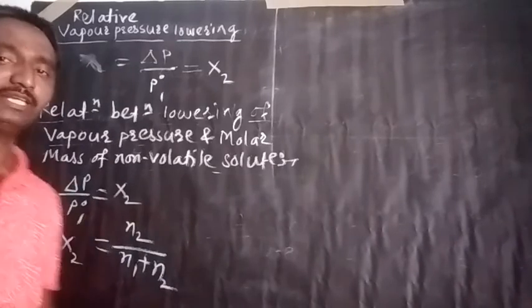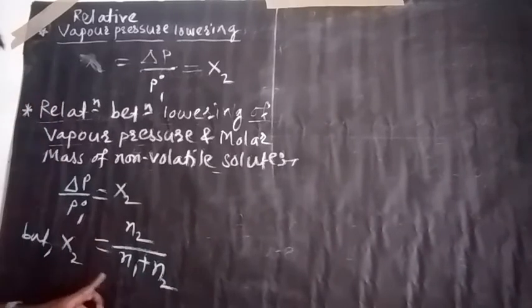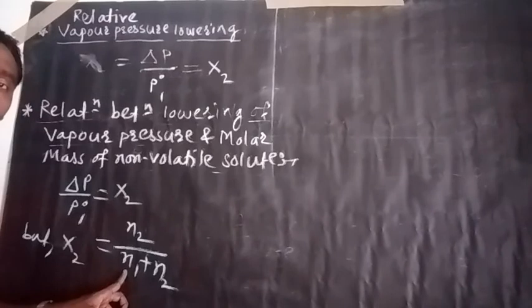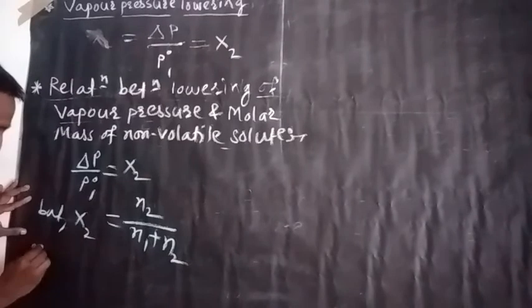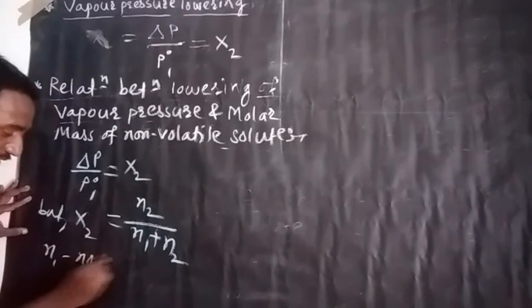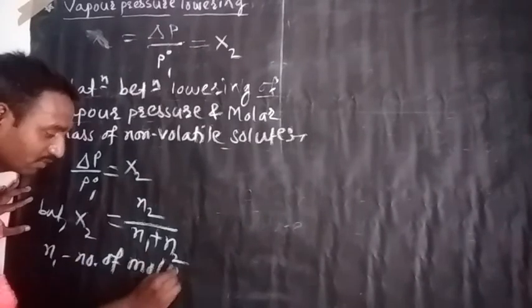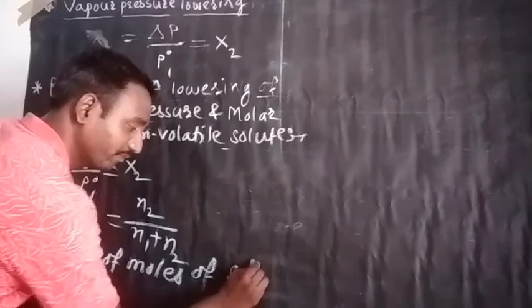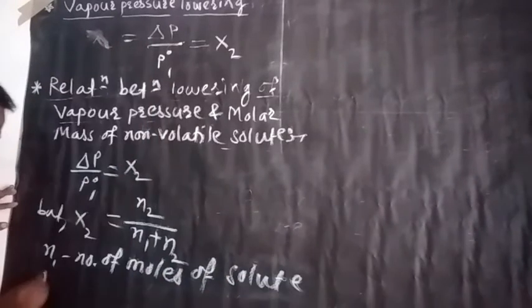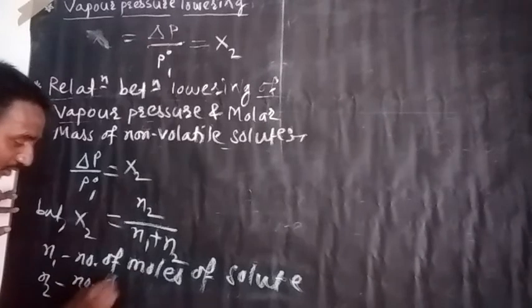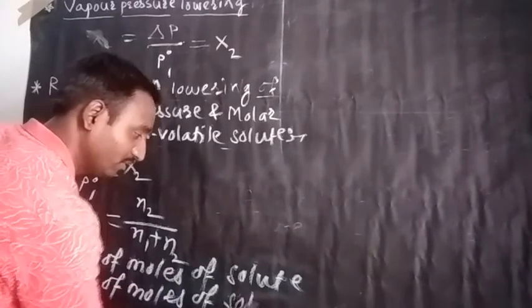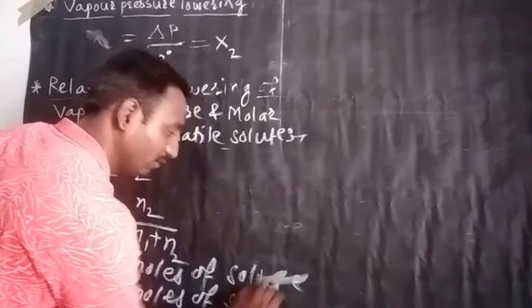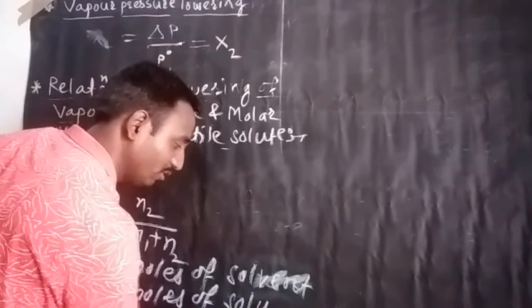Here n1 is the number of moles of solvent, as well as n2 is the number of moles of solute.